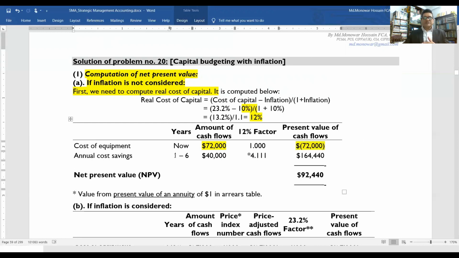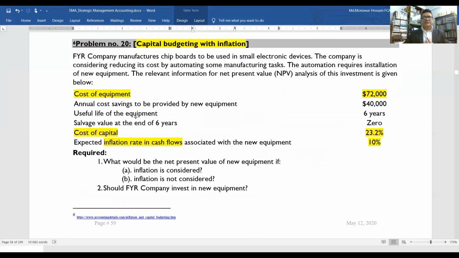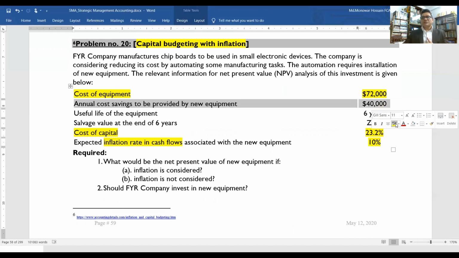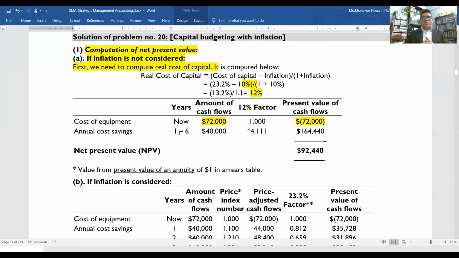And the annual cost saving for years 1 to 6 is 40,000. How does this come about? The question says the annual cost saving provided by the new equipment is 40,000, and the life of the equipment is 6 years. So for years 1 to 6, the cost saving is 40,000, and this rate is the 12% factor. That means the present value.